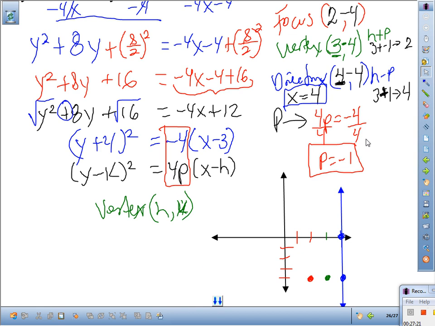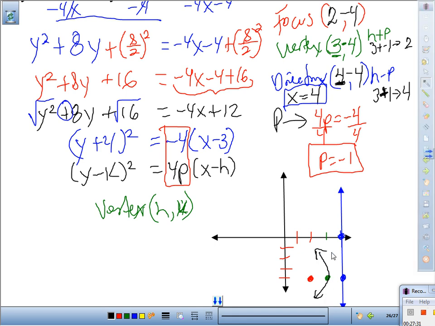Our parabola graphs away from the directrix towards the focus, so it should look something like that. Piece of cake, yeah? We did the practice already forward. Now backwards, it should be about the same. We just need practice, yes?